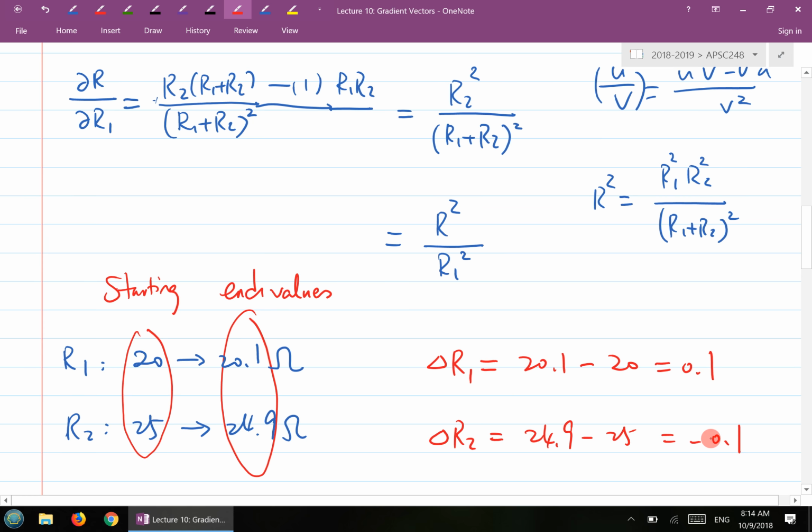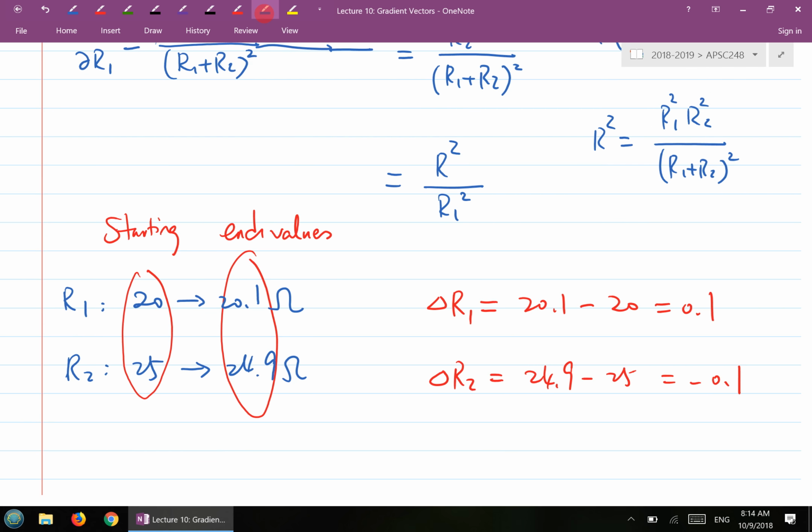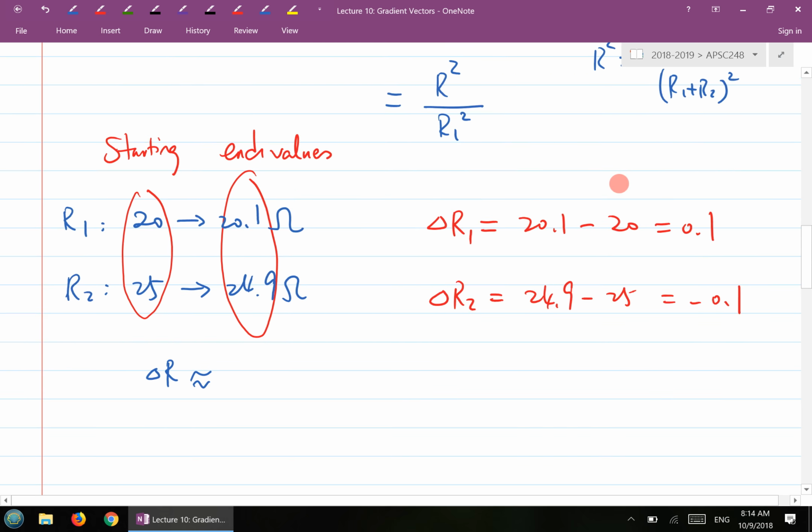Once you find these two, our estimated change, delta R, will be approximately partial R over partial R1, that partial derivative, times delta R1 plus this term right here.